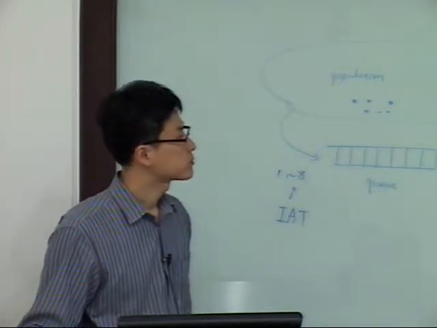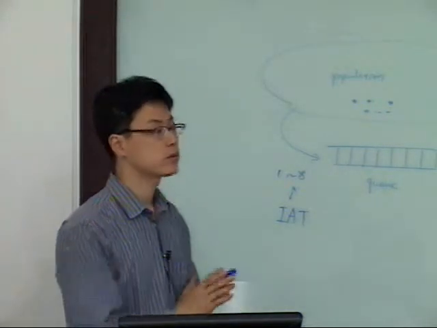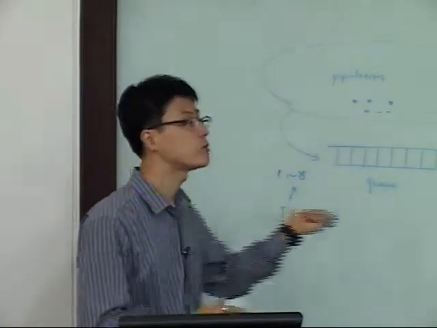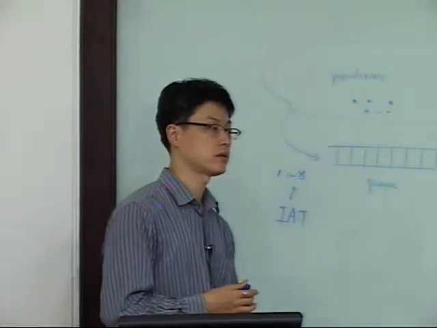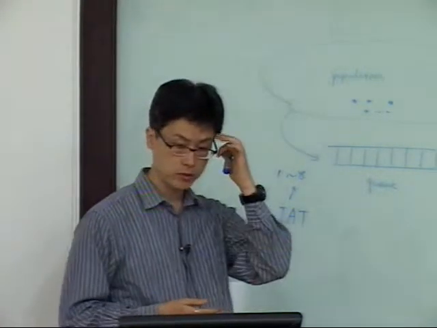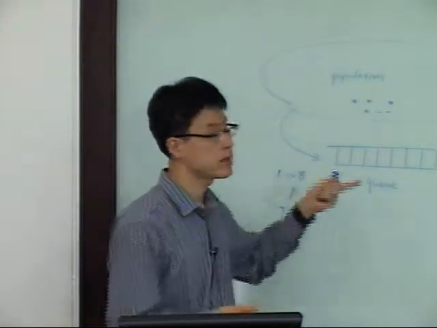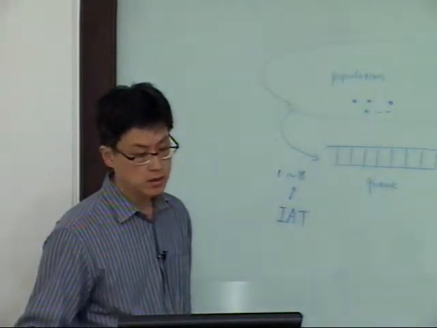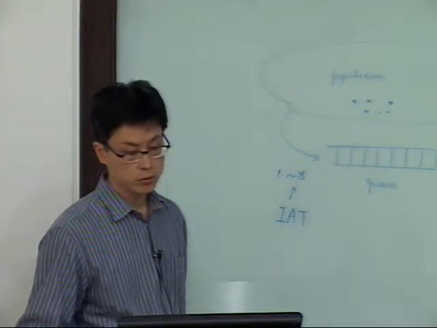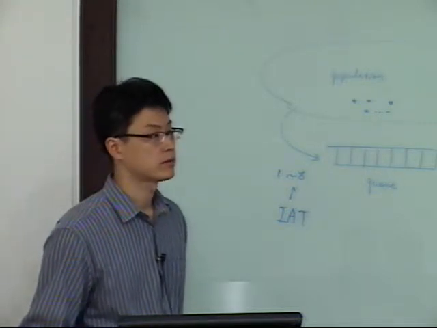And we just assume it's a uniformly distributed random thing, so the probability for each case is 1 over 8, 0.125.